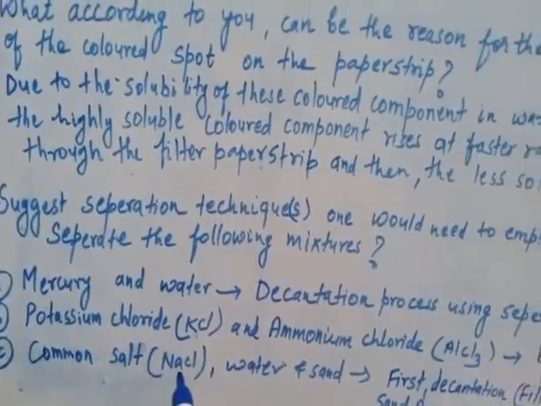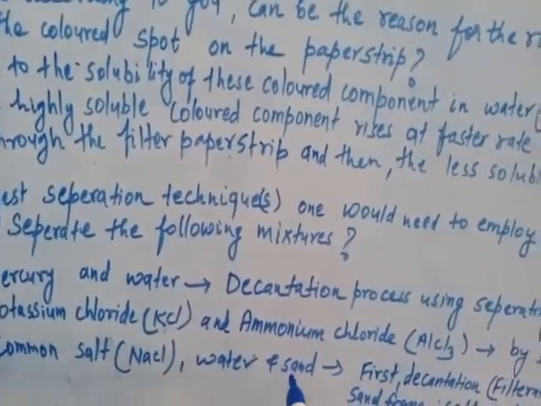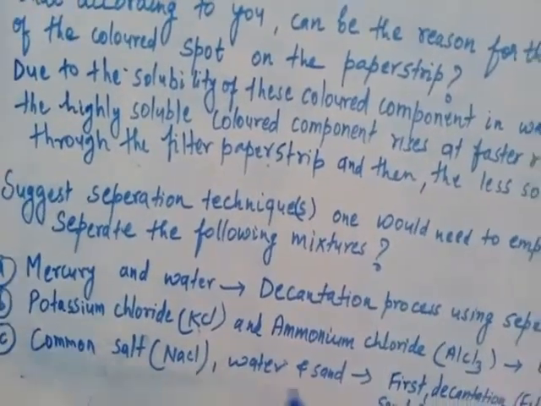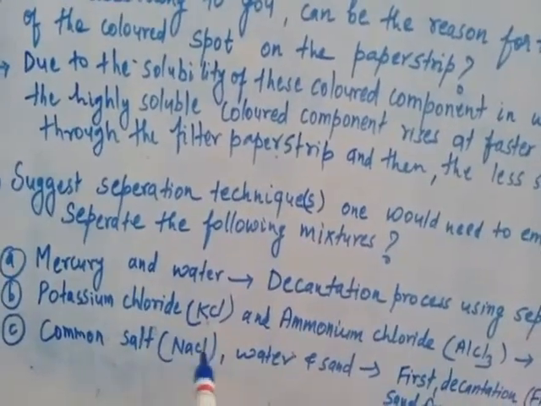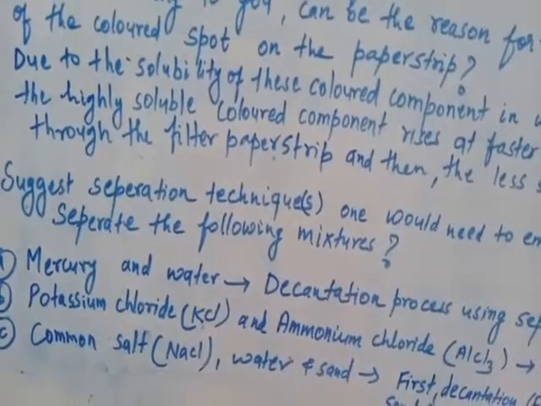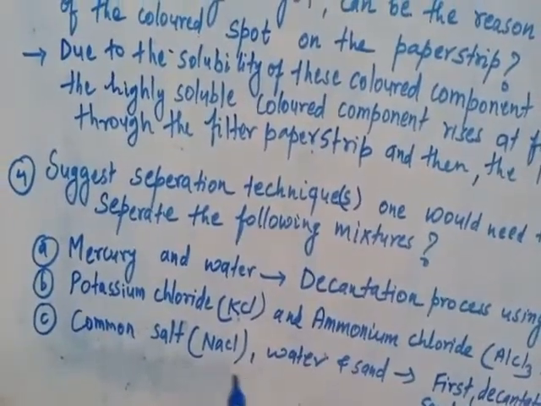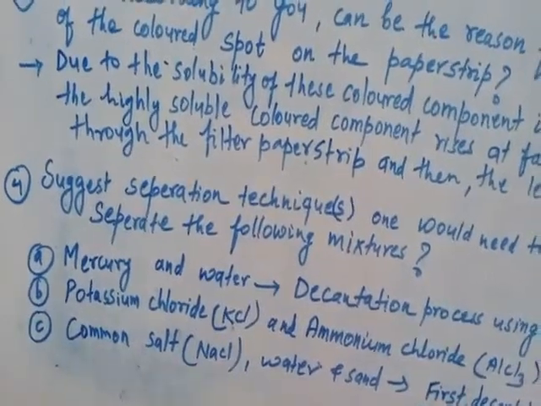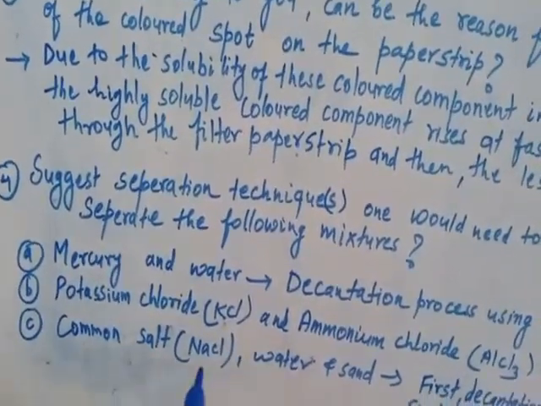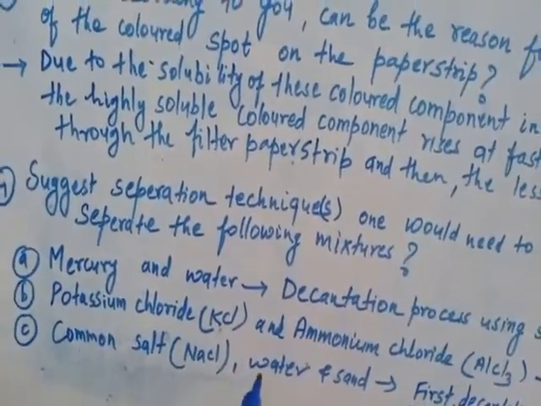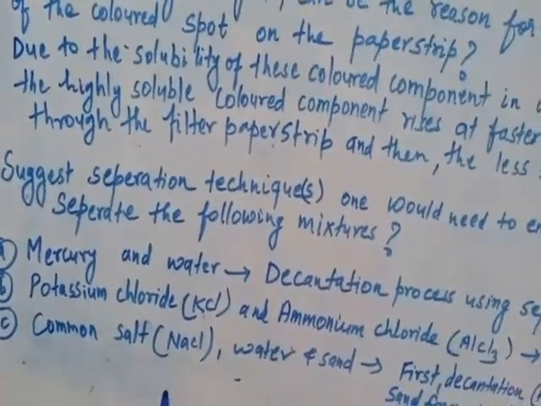The third one is common salt, which is NaCl, sodium chloride, water and sand. If this mixture contains these three substances, NaCl is a solid, and when it is mixed in water it gets dissolved in water and forms a salt solution, and sand is insoluble in it.